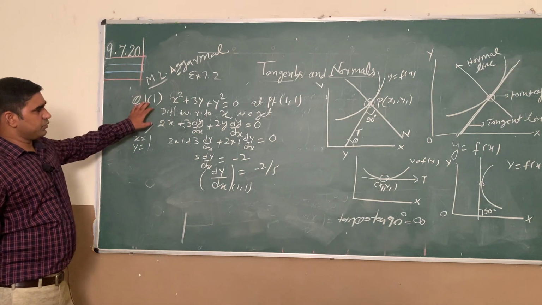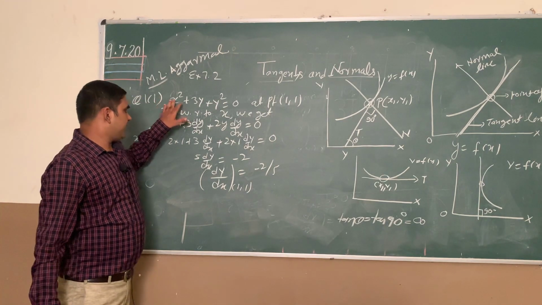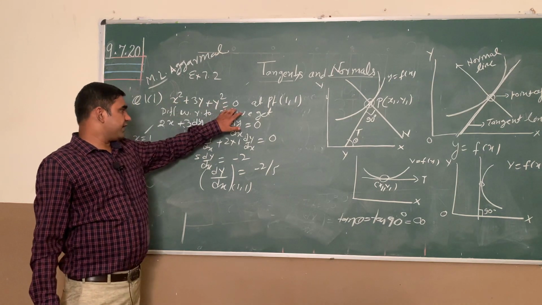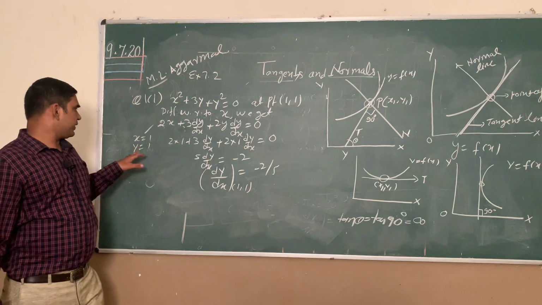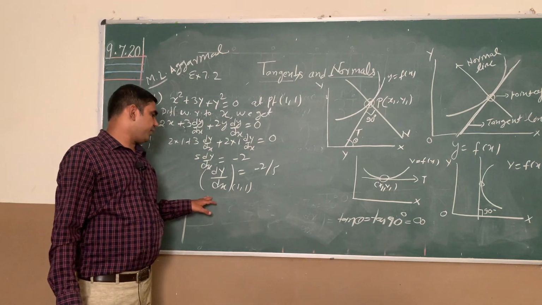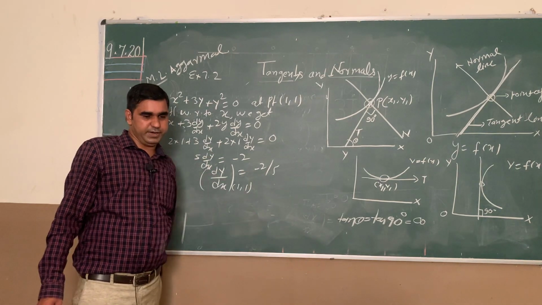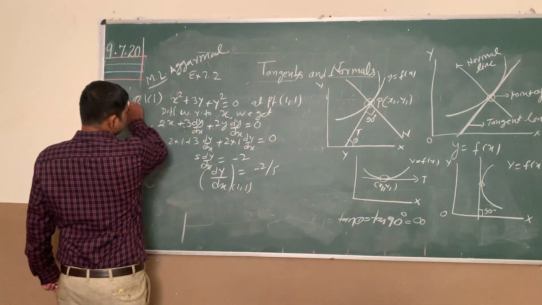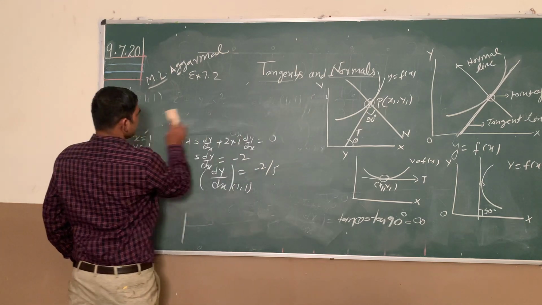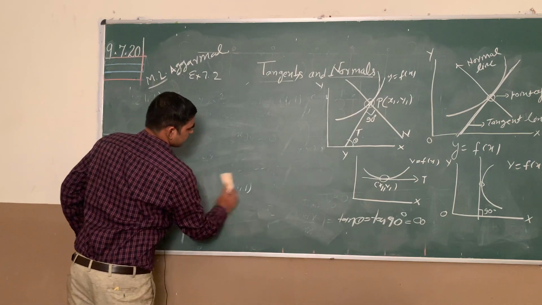So for this type of question, you first differentiate the given curve and then put the value of the point in it, and you can find dy by dx, or the slope of the tangent, at the given point. Now we consider one more question.